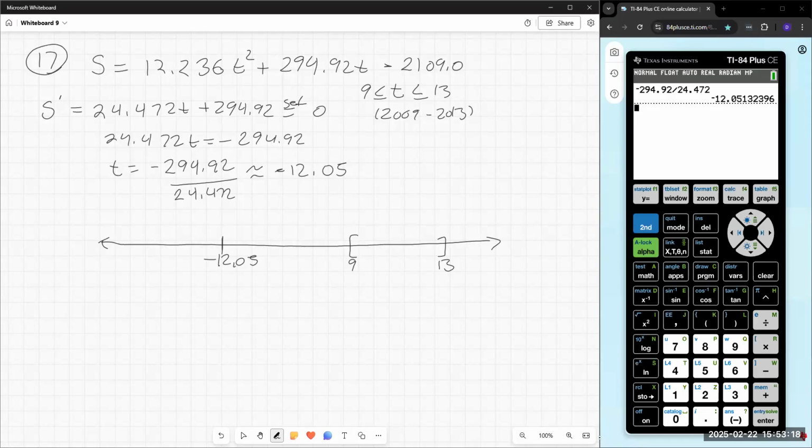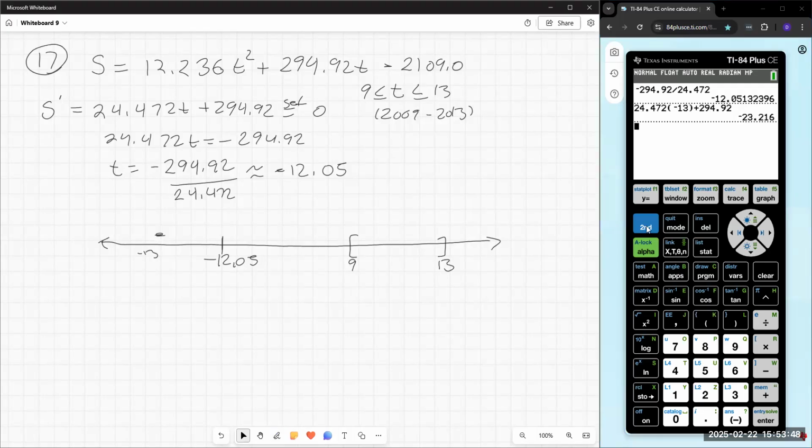And let's go ahead and stick a number like negative 13 in as a test point here with my calculator. 24.472 times negative 13 plus 294.92 is going to be a negative value.